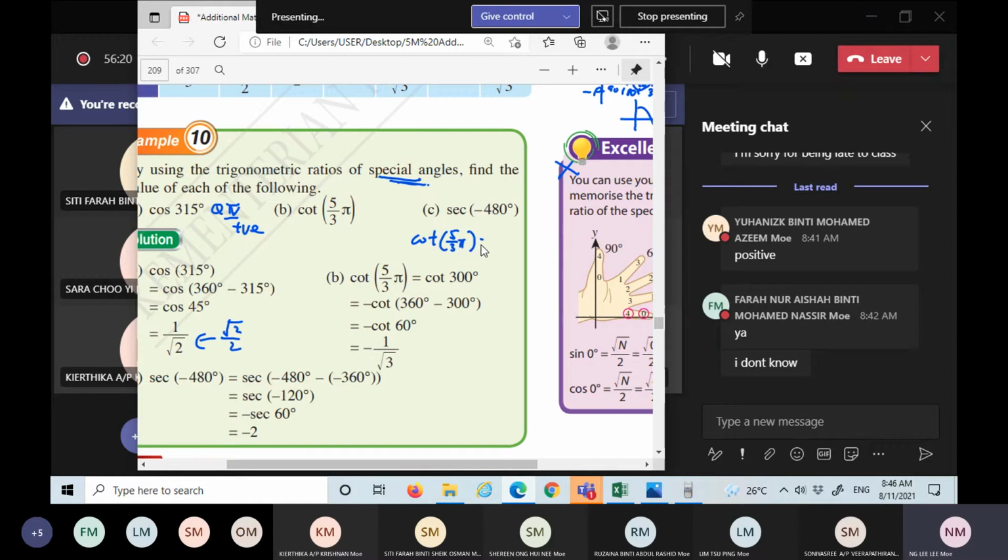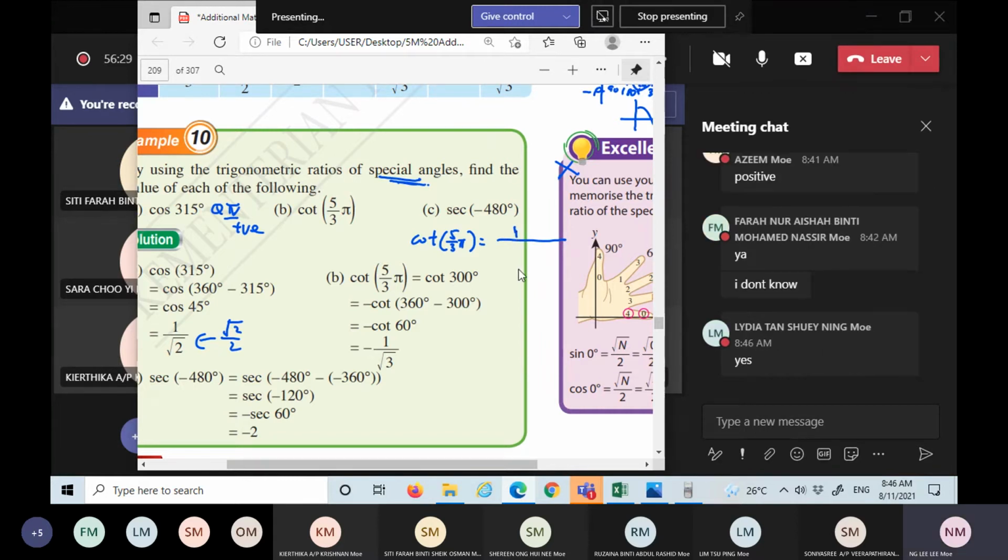Is Lydia here? Lydia, cotangent is a reciprocal of what? 1 over what?